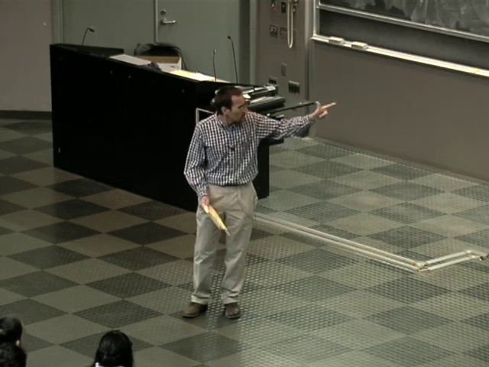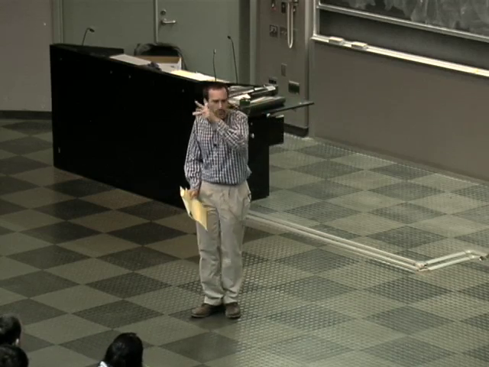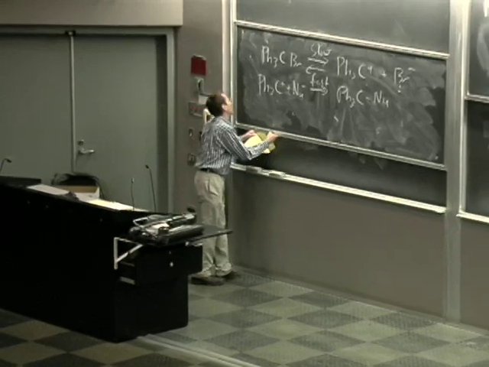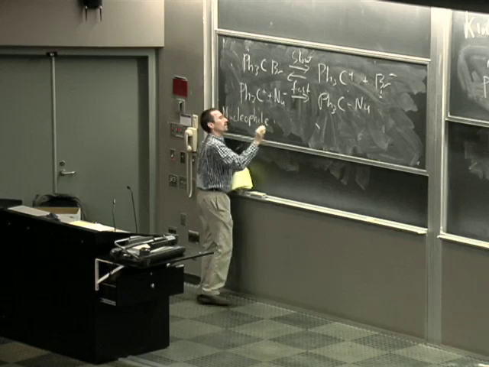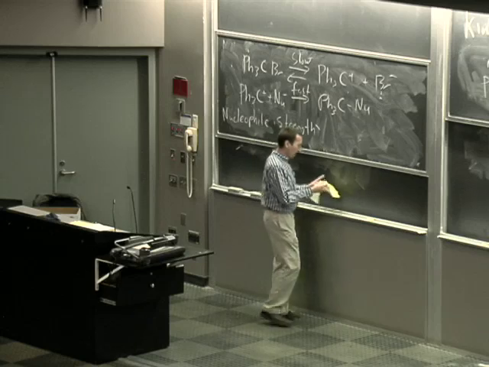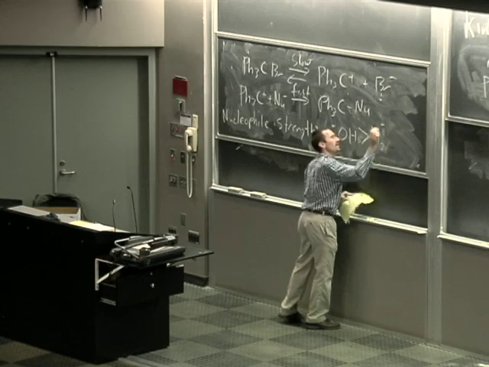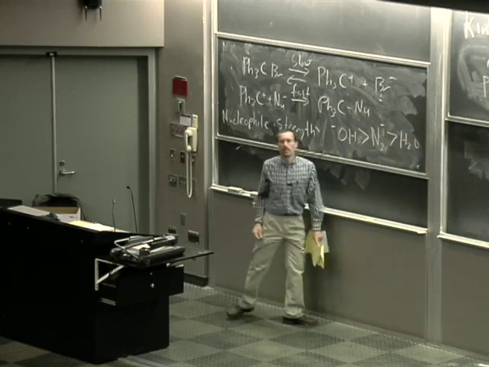When you pit sodium hydroxide against sodium azide, now the hydroxide competes better than the azide. Hydroxide is a better nucleophile than azide. So we can rank the strength of our nucleophiles as hydroxide is greater than azide is greater than water.